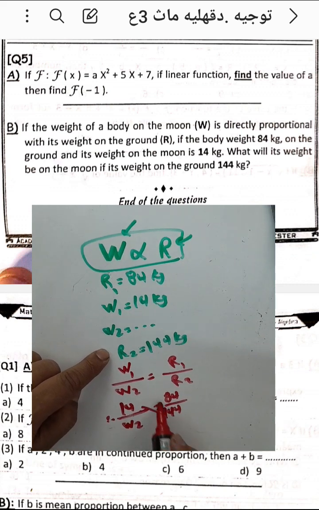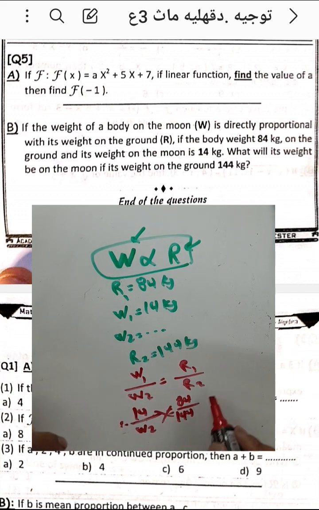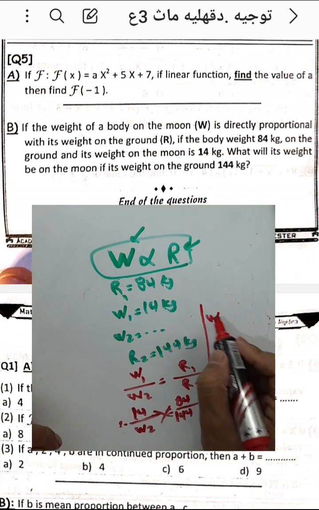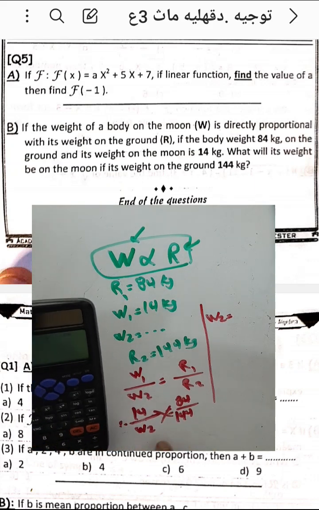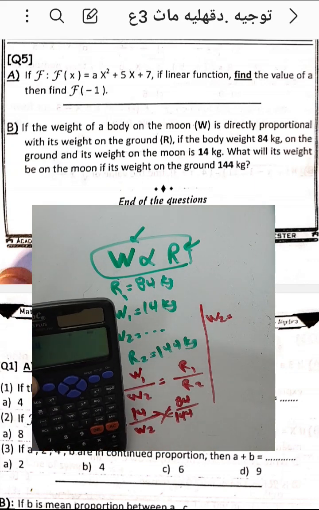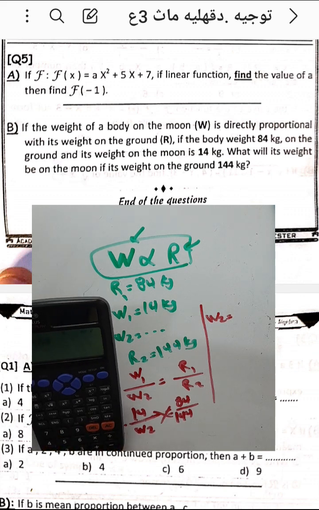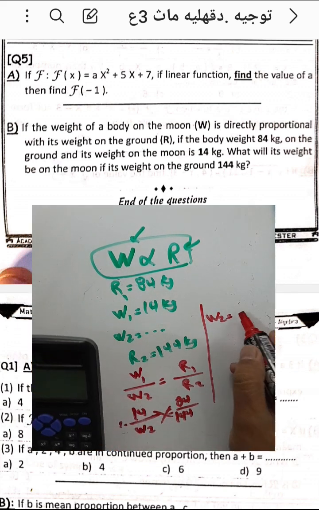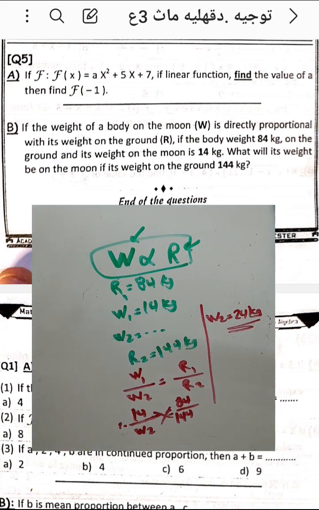Then the product of extremes equal product of means to find weight 2 here in the moon by using product. This number 144 times 14 and the result divided by 84. The result will be 24 kilogram.